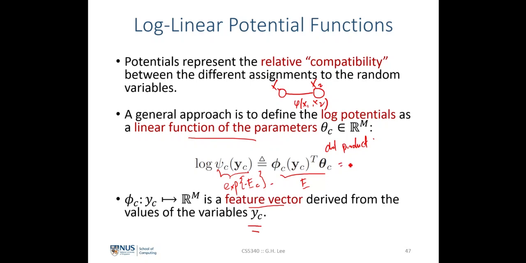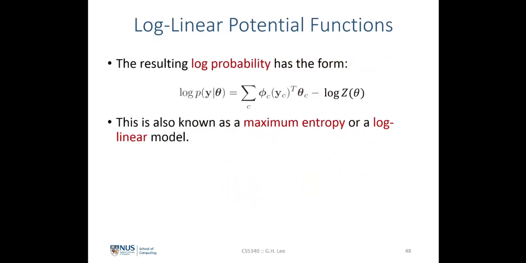This guy is nothing but a vector theta c1 all the way to theta c m. So this becomes a linear combination of the feature vector and the parameters in theta c, and we'll use this to represent the energy function in the Gibbs distribution that we have defined earlier on.